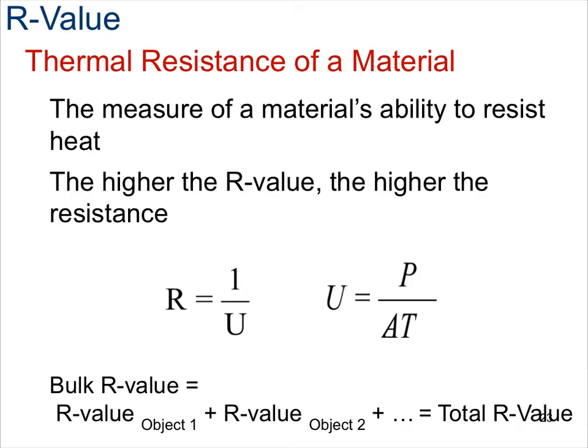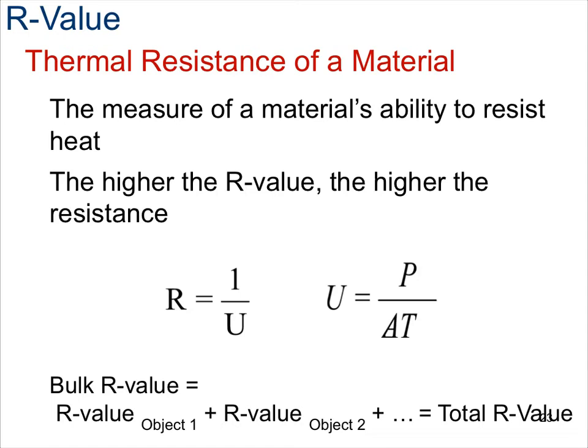And then we have the R value, which is the measure of a material's ability to resist heat. The higher the R value, the higher the resistance. There is a mathematical relationship between U values and R values. They are mathematical reciprocals of each other. Thus, while lower U values indicate better insulating performance, higher R values indicate better thermal resistance.